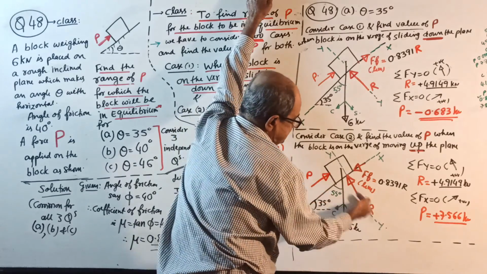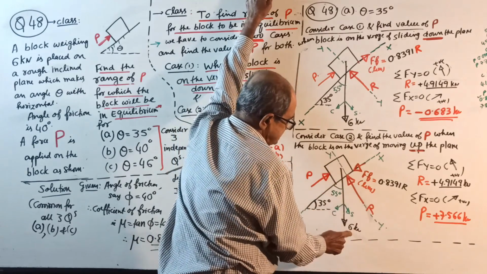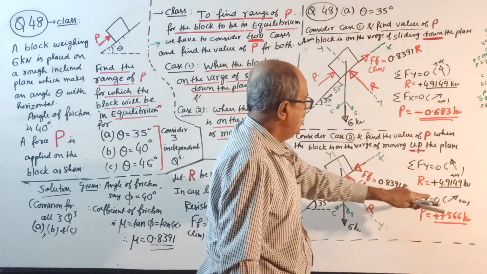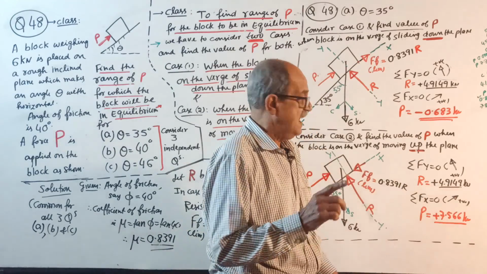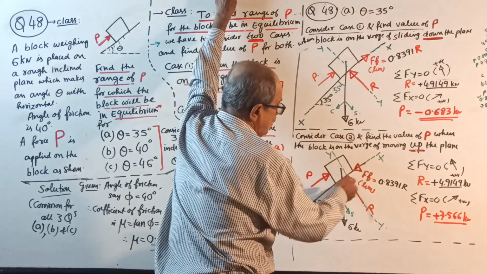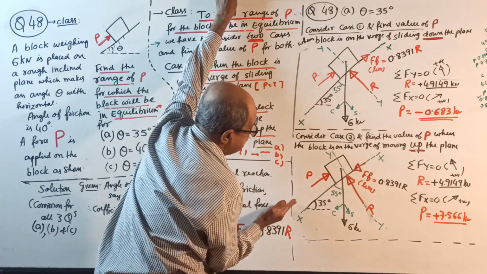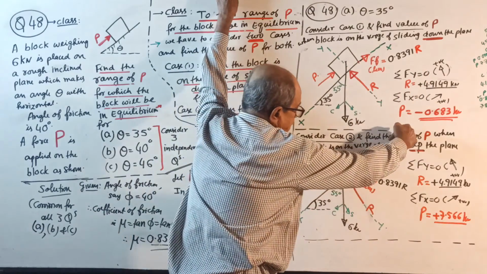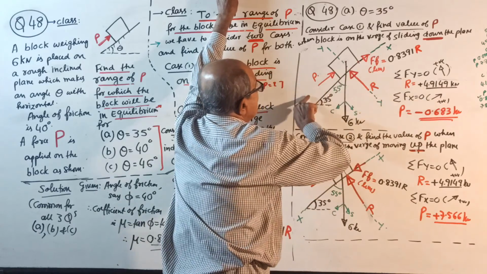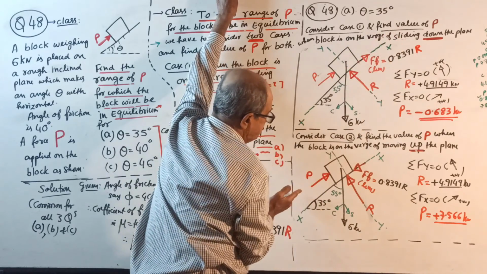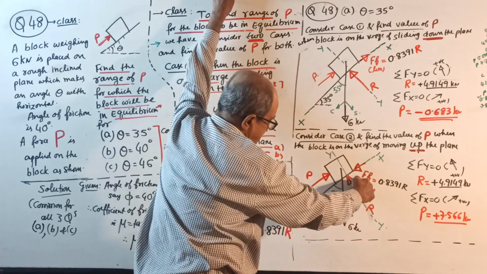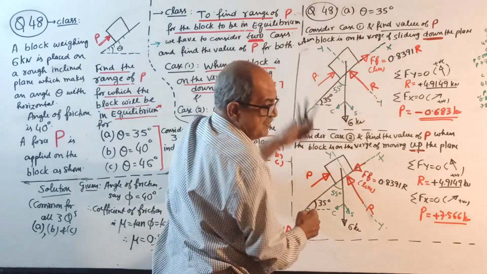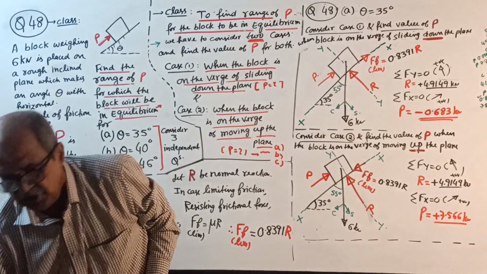Okay, plus R minus 6 sin 55 equal to 0, R will again come plus 4.9149, and then sigma Fx = 0, take this side positive, plus P minus. See, last time it was plus P plus, now it is plus P minus 0.8391 R minus 6 cos 55 equal to 0.